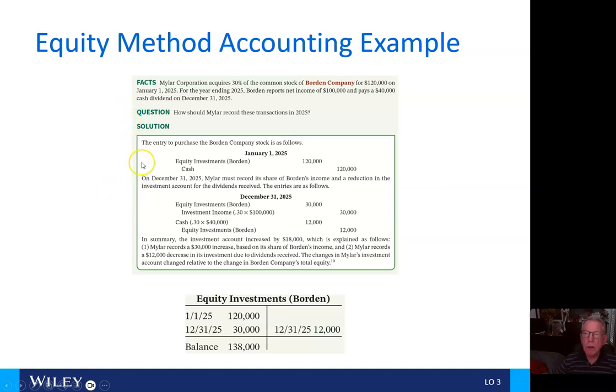So if we look at the solution, the entry to purchase the Borden Company stock, relatively straightforward, will debit equity investments in Borden for $120,000 and credit cash to pay for that. On December 31, Mylar must record its share of Borden's income and a reduction in the investment account for the dividends received.